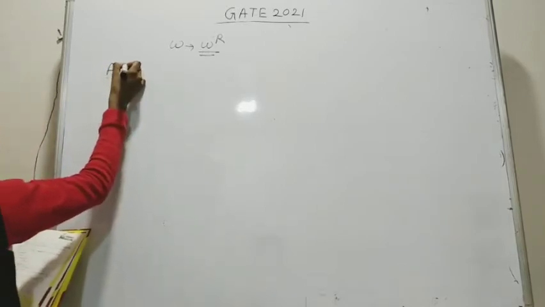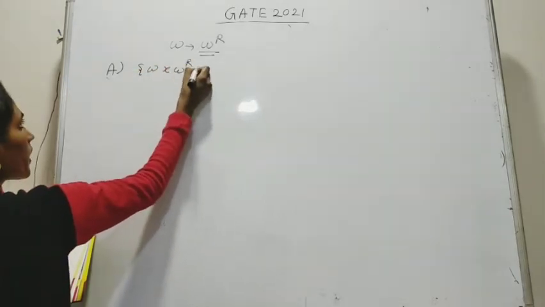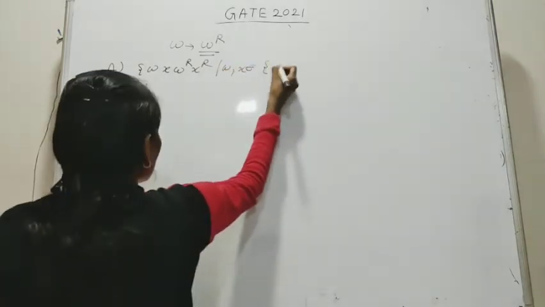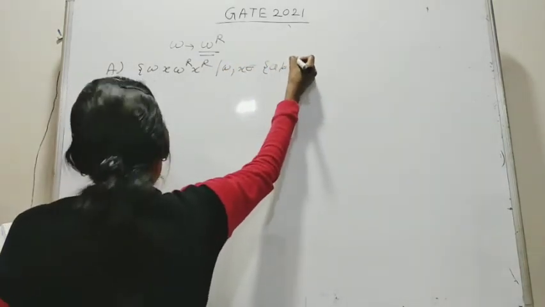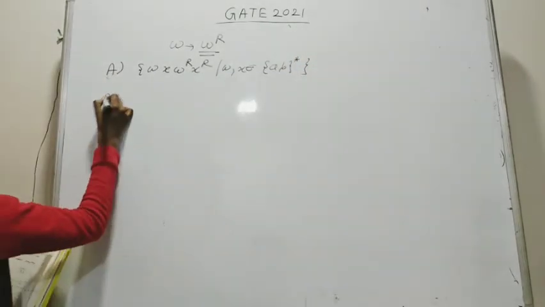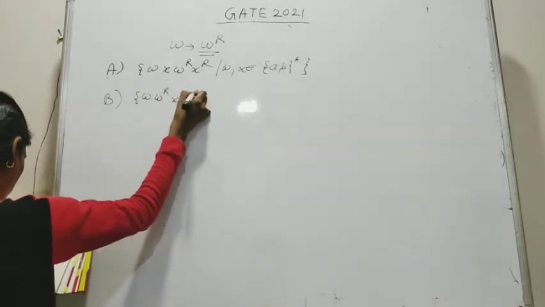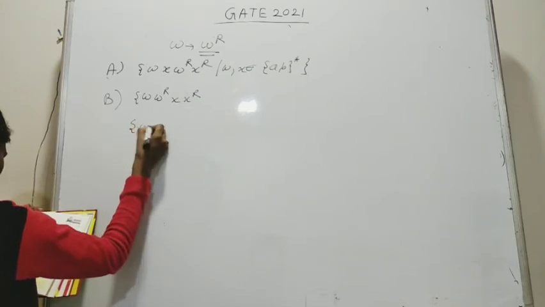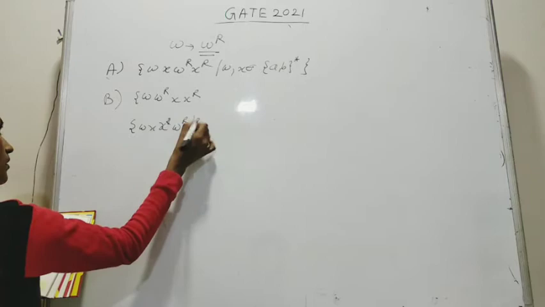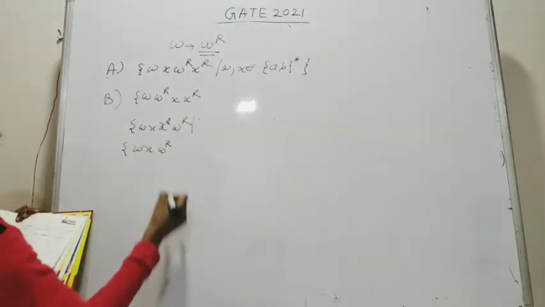The options are given: W X, W reverse X reverse, such that W X belongs to (a+b)star; then W R X X reverse, W X X reverse, W reverse, W X, W R.